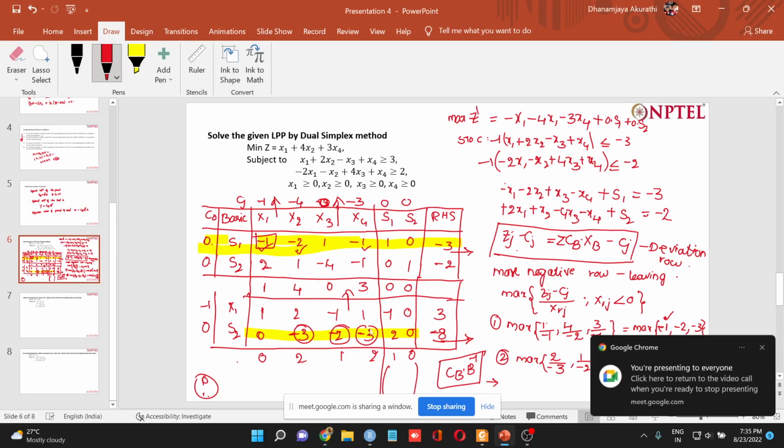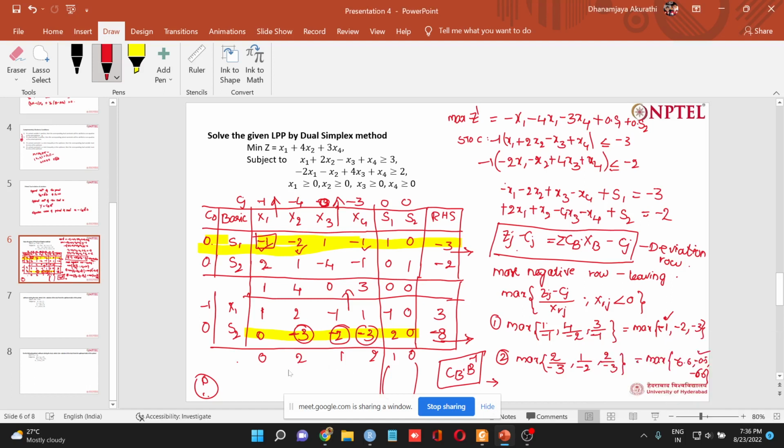When we get the infeasible solution and unbounded, the next questions are involved in the same way, that means unbounded, infeasible, in the dual simplex method. How to check unbounded in dual simplex? Unbounded solution means here we are considering the row deviations Zj minus Cj, all are positive.